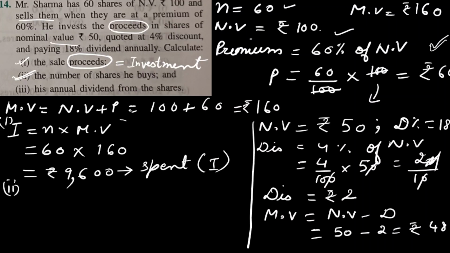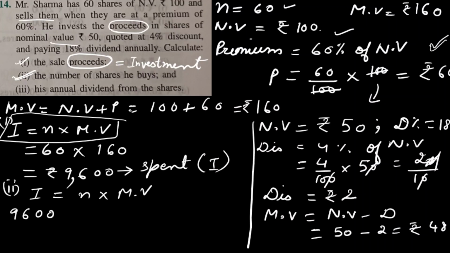See, for number of shares again we will use the first formula, I equals N into market value. So what is the investment? Investment is 9,600. Number of shares we have to find. Market value: don't write the market value of the first part. There selling was taking place. Here it is buying. Here you can see the word buys is mentioned. So where he is buying the shares, it is in this part. So what is the market value here?